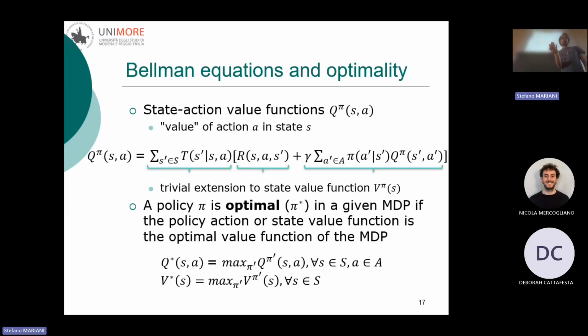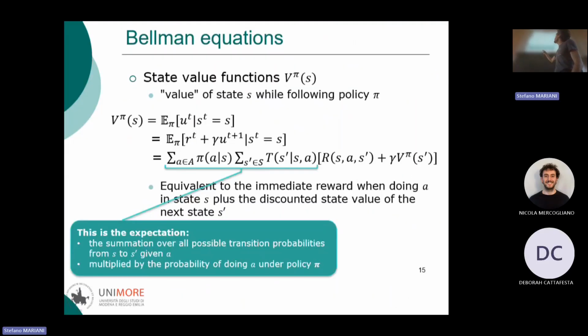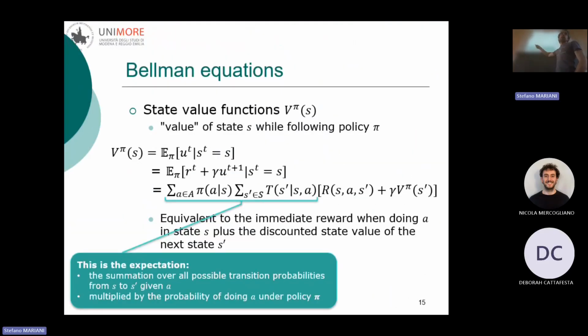Besides the state value function, we have another value function that is very similar, the state action value function. If you think about it, the state value function gives you the worthiness of being in a given state. And to calculate such a value, you need to take into account that in any given state there are multiple actions you can possibly do.